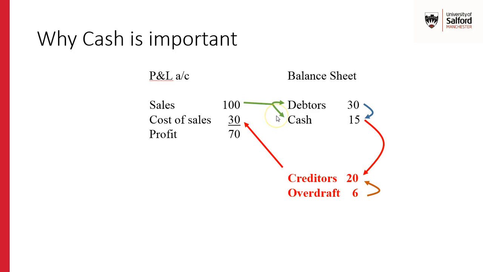In business, a lot of sales to businesses work like this: you get an invoice, and the invoice is paid within 30 days. So that's cash coming in from the selling activities. Then the business has to try to turn the debtors into cash. So the blue and the green represent inflows of cash into the business.